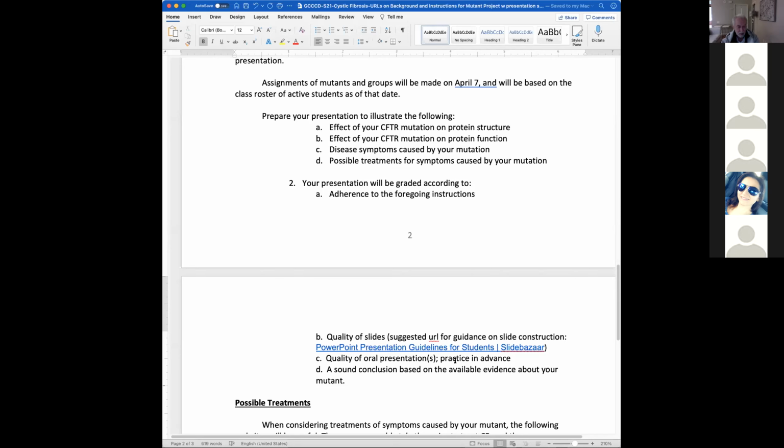And that's why it's important that you review in advance and you practice speaking in advance. And finally, you need to draw a conclusion at the end. And the quality of your conclusion and how it's based on available evidence will be considered as part of your grade.